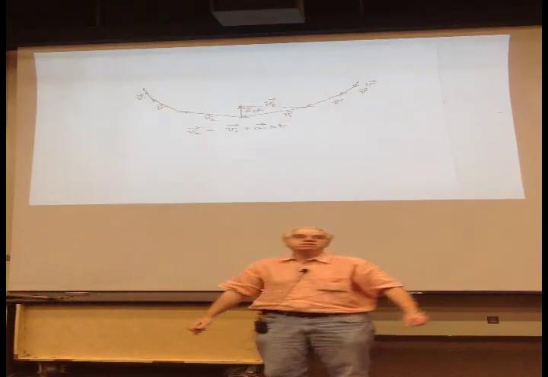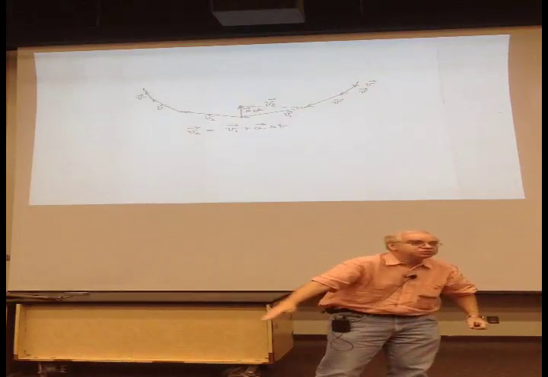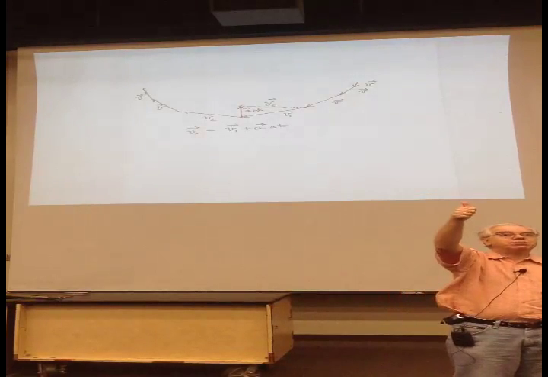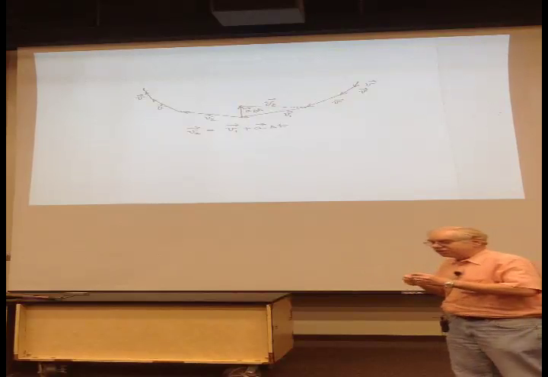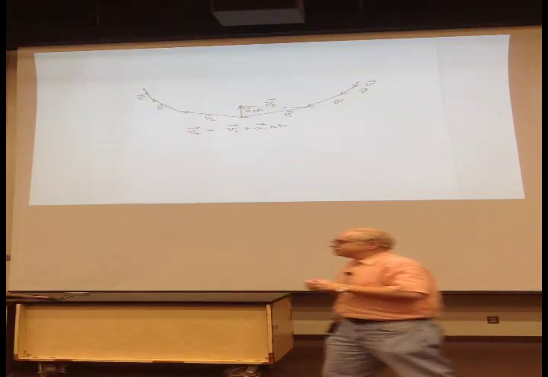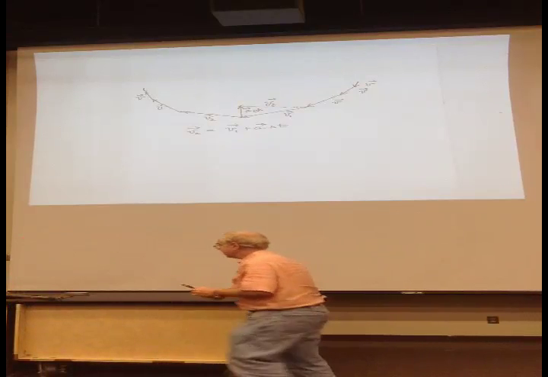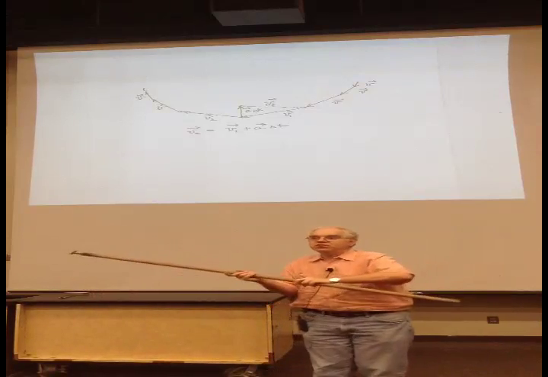So what this means is that when the sphere reaches the bottom, at that very bottom, the acceleration is up. You can tell that because at the bottom you're going to have velocity in that direction.